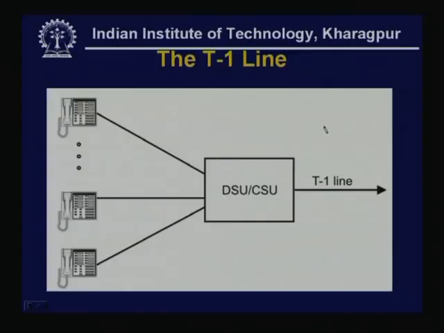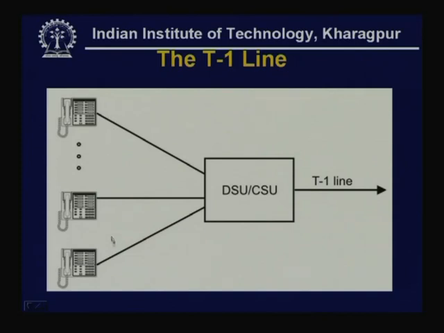That is possible with the help of this DSU CSU unit. This is the customer service unit. What can be done? Here, for example, say 4 subscribers want to share a T1 line. Say in a building there are 4 business houses, and each of them has a requirement of 1/4 of the bandwidth of the T1 line.